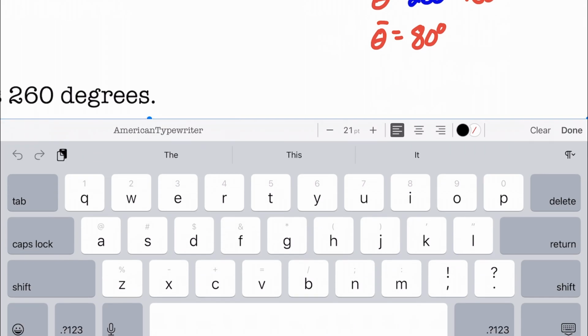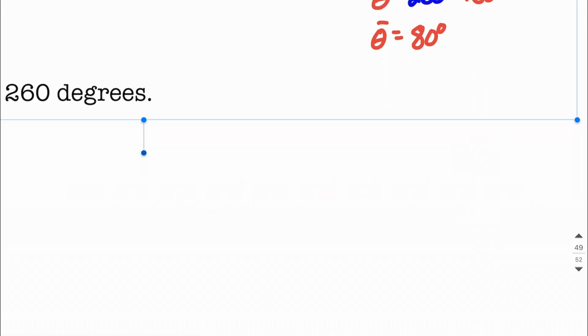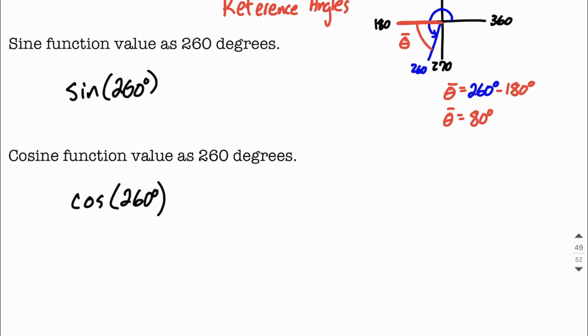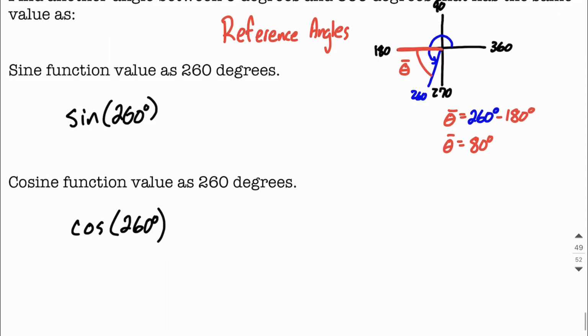Let's use that next as we take a look at sine of 260 degrees. We want to find an additional angle that's going to be the same as sine of 260 degrees. So the first thing I always look for is, is sine going to be positive or negative for 260 degrees? Well, we were in the third quadrant, and I like to use the phrase, all students take calculus, to remind me what's positive in each quadrant.